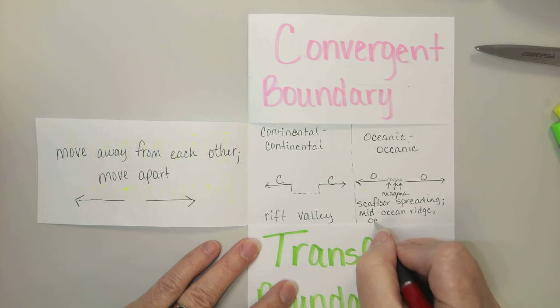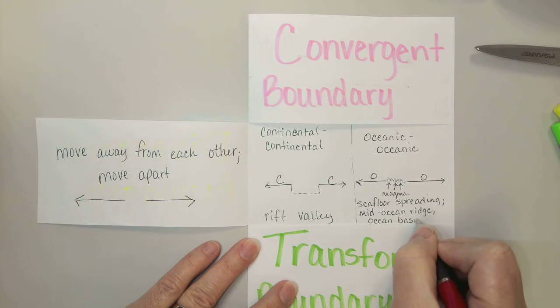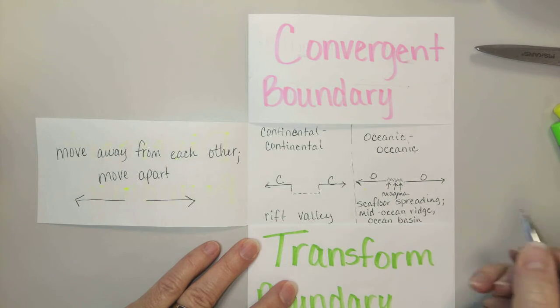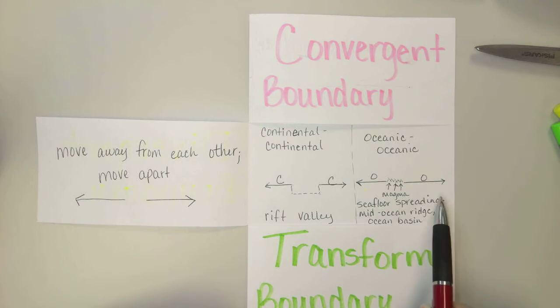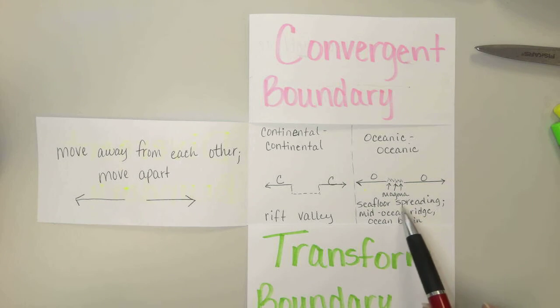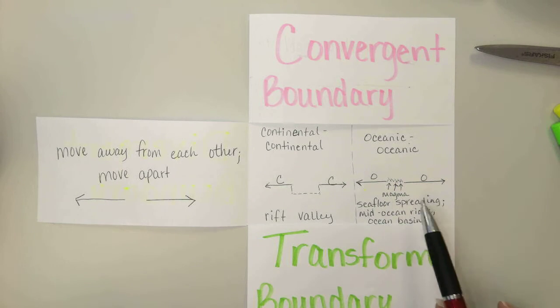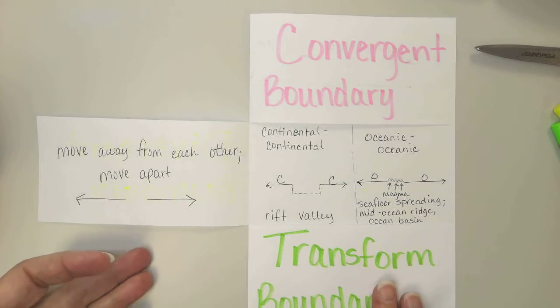It also creates ocean basins. Okay. And again, we'll show you examples of those as we go along in here. So oceanic and oceanic plates spreading apart allow magma to seep up, and it causes seafloor spreading. That's what seafloor spreading is, and it causes mid-ocean ridges to form and oceanic basins to form.